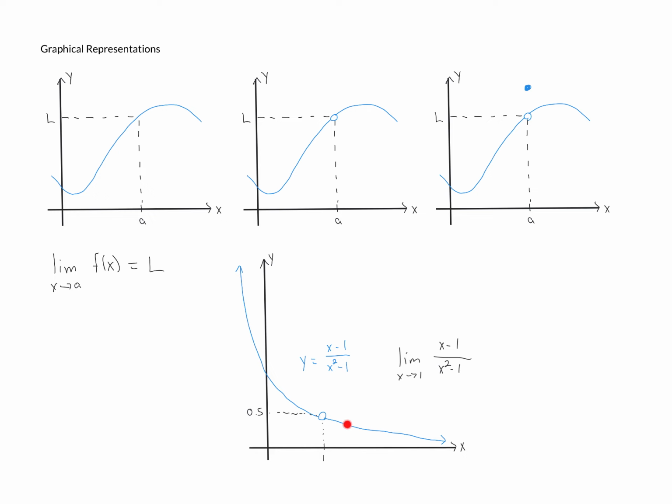On the right, it's less than 0.5, but it's getting closer and closer still, from the other side. Because in both directions the y values are getting closer and closer to 0.5, we know that the limit itself is equal to 0.5. So that is what's going on graphically for that particular limit. I just wanted to show that so that we can have another viewpoint of what that looks like.